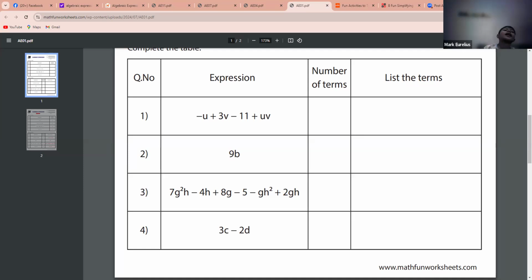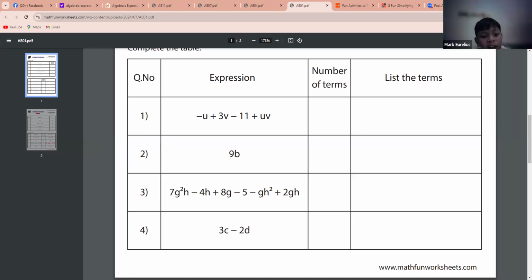Like n plus 5, it was easy, but hard for me to solve it. We are not actually solving it. We're simply identifying the term. So there is no solving it. Just simply list and identify how many number of terms we can see.